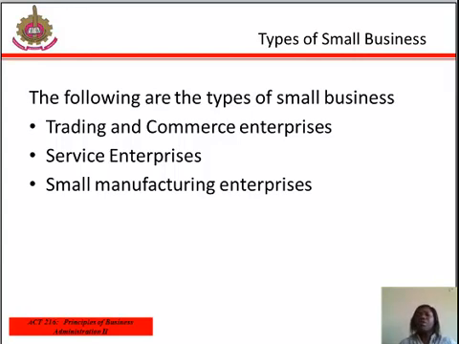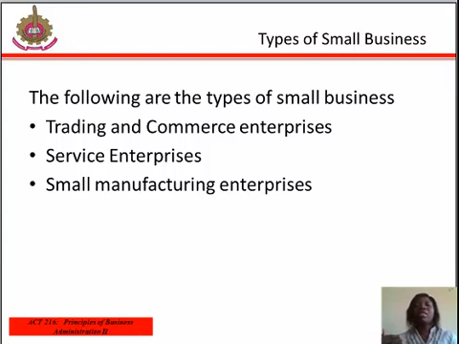Small manufacturing enterprises are another major group of businesses in the Nigerian economy, but they engage in basic manufacturing activities that do not involve complex processes or technology.